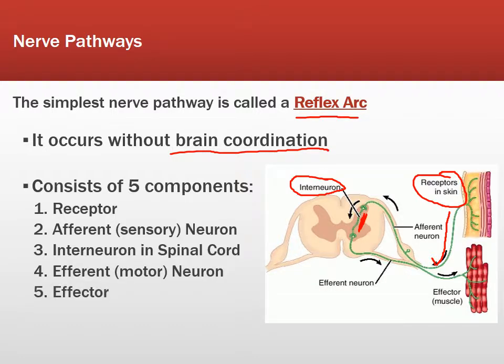We have an efferent or a motor neuron, so it's going to receive the message from the interneuron and send the signal back down this way. And then we have the effector, and the effector is either the muscle or the gland or whatever it is that needs to receive that signal to say, okay, hey, you need to do this.